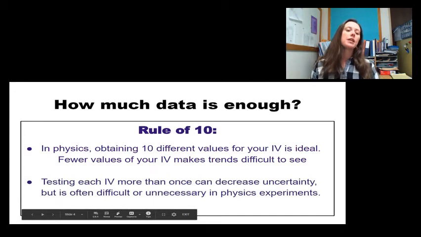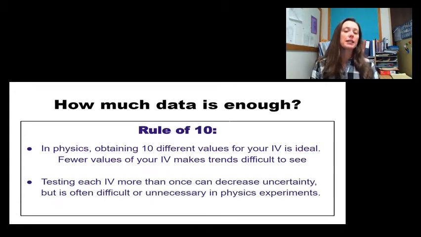Okay. In lots of other scientific disciplines, testing each independent variable more than once is really important. And we talked about, for example, in biology or medicine, if you're testing a medication like a vaccine, you want to test it a lot of times the same way to make sure there aren't problems and that it's effective.